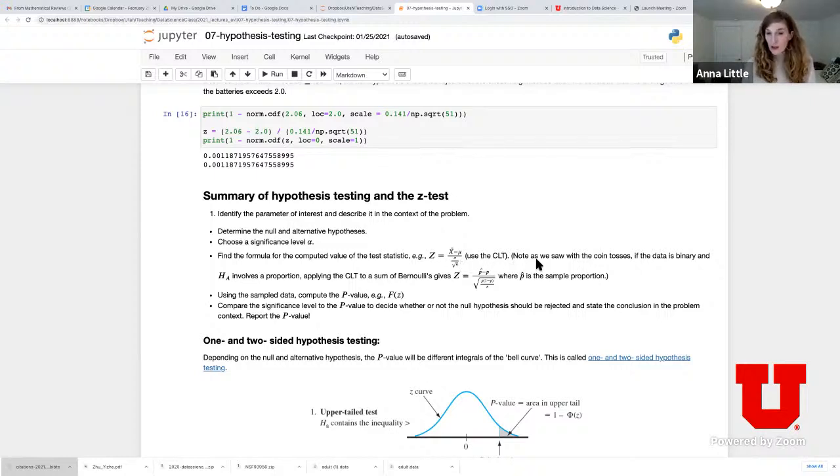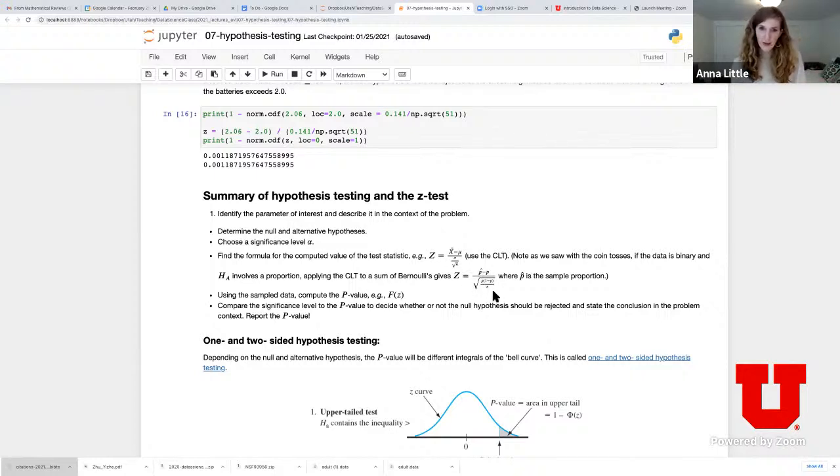But like we saw in our coin toss example, if the data that you're observing really is binary, yes or no, and your alternate hypothesis involves a proportion, you can apply the CLT to a sum of Bernoullis, and in this case, the test statistic comes out to be the sample proportion minus the true proportion specified in the null hypothesis, divided by that standard deviation.